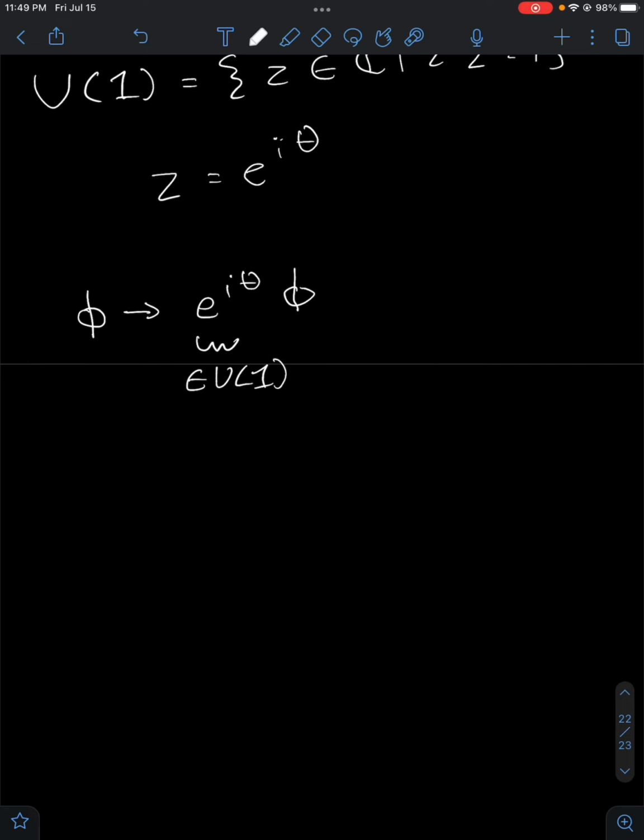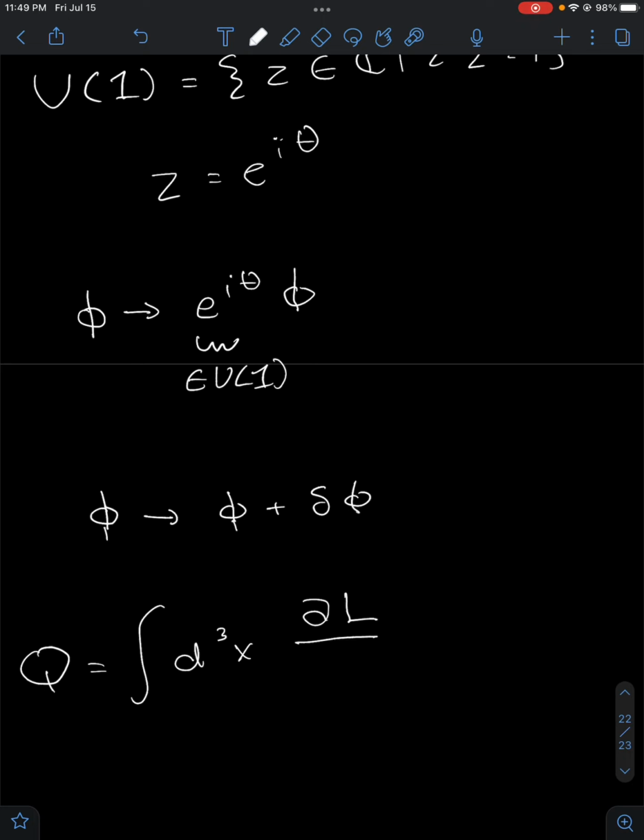We found out in our last video that if we change our field phi, it gets transformed from phi to phi plus delta phi, and we have a conserved quantity Q, where Q is the integral over some volume of partial L over partial naught phi times delta phi.